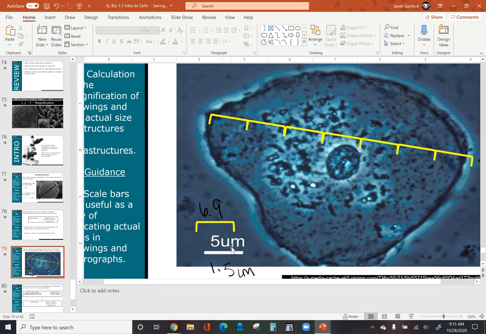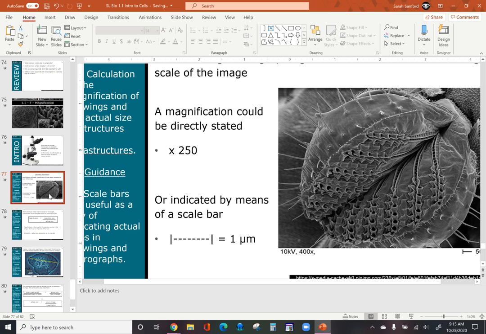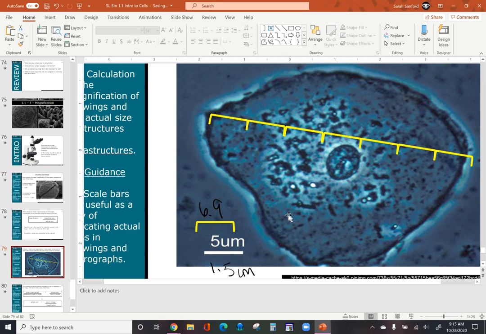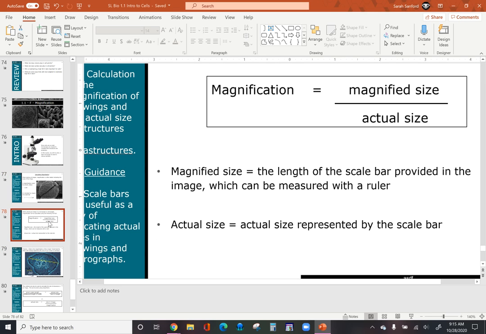All right. So we said that our magnification was the magnified size divided by the actual size. Right? So the magnified size was, we said, the length of the scale bar provided in the image, which can be measured with a ruler.